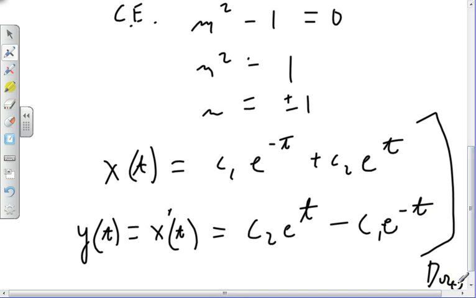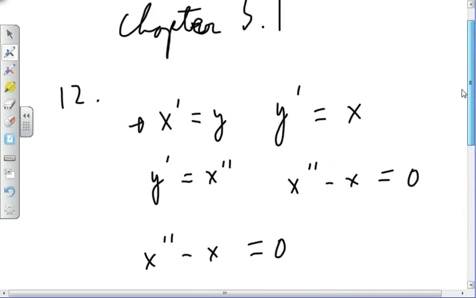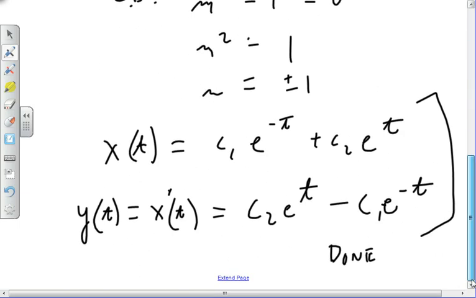If I could spell done. I still can't spell done. Maybe I can spell done now. Done. And then we could check our work, and is the second derivative of x the other guy, and is it in fact what it's supposed to be? And yep, I guess so.